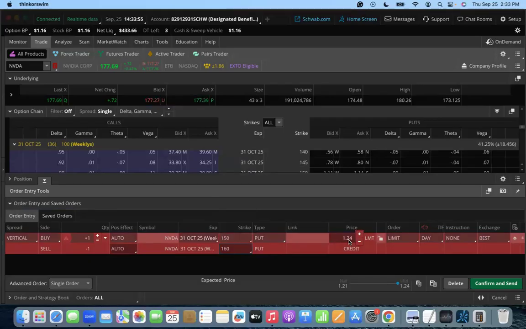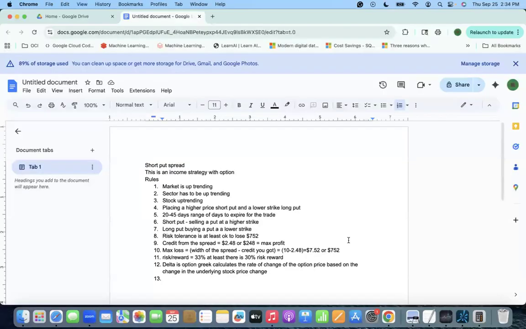So typically I have a mindset of how much money I'm going to risk on a trade, and how much money made is worth my time. I typically don't go below 50 cents, or $50, for the income, because it doesn't make my time or the risk that I'm taking worth it. So I follow at least $50 income.